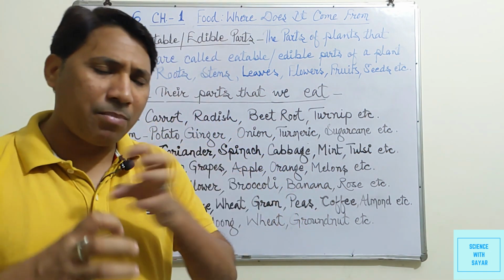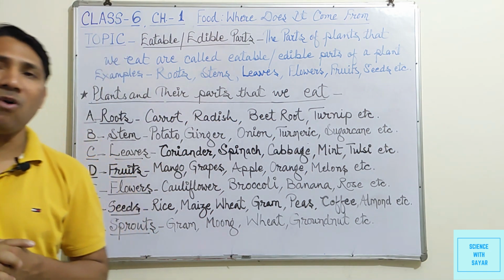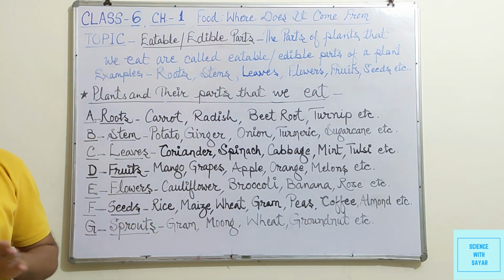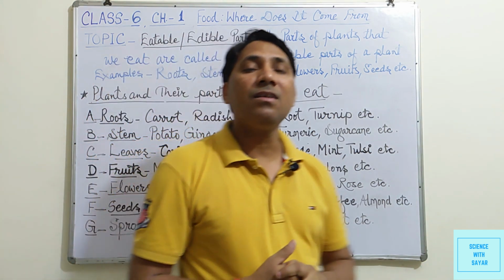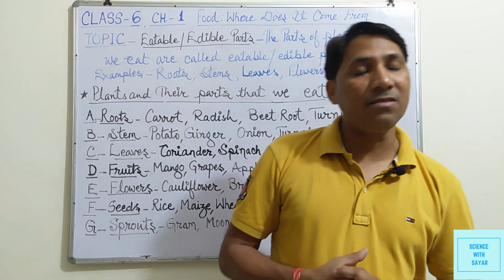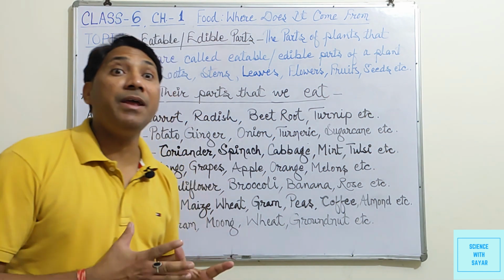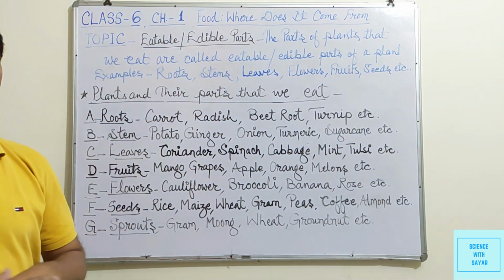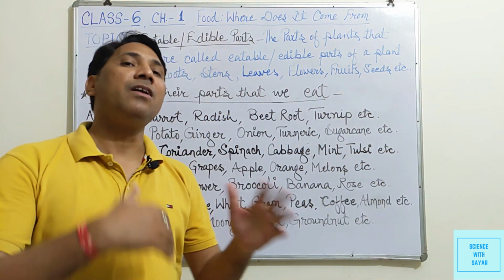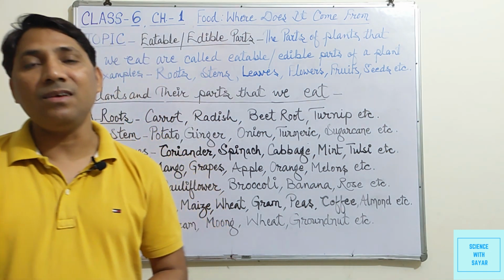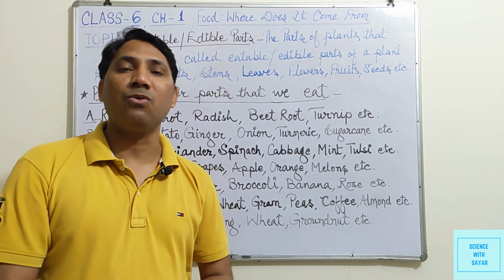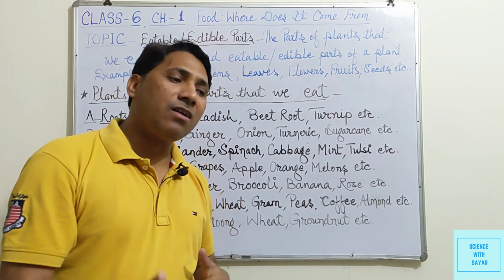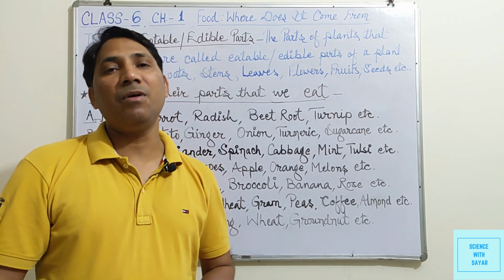When we soak the seed in water, and these seeds get water, sunlight, oxygen, etc., they germinate, they sprout. It means they can give rise to a new plant. This process is known as germination or sprouting, and these seeds are known as sprouts. Those are used as eatable or edible.